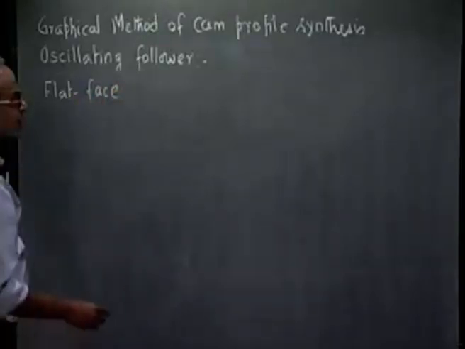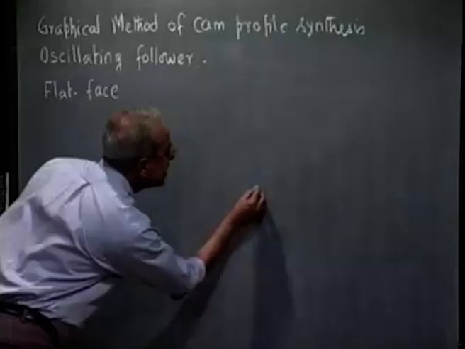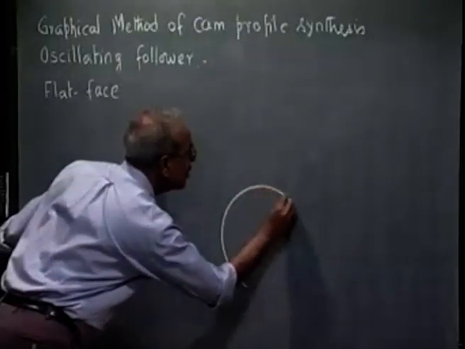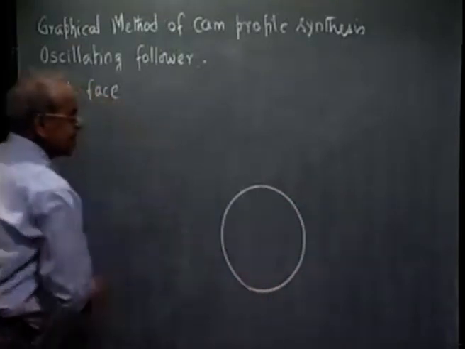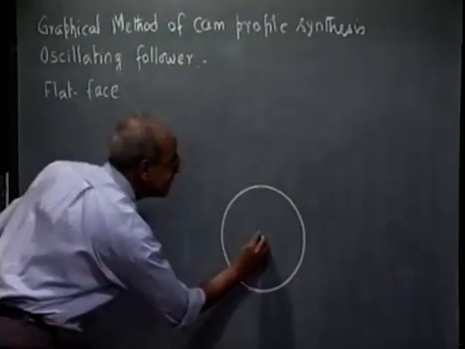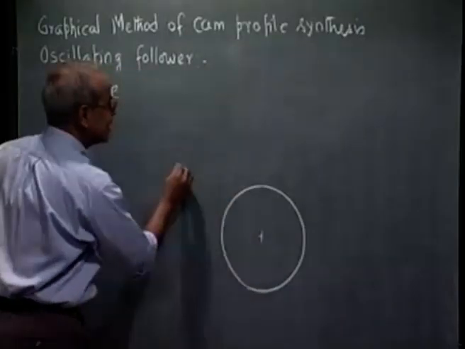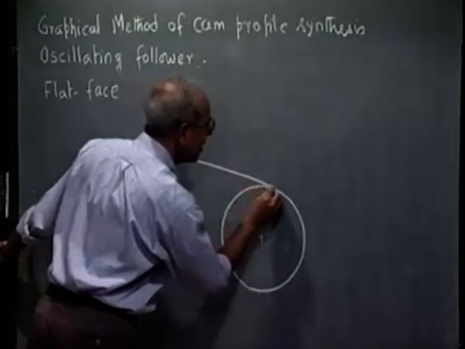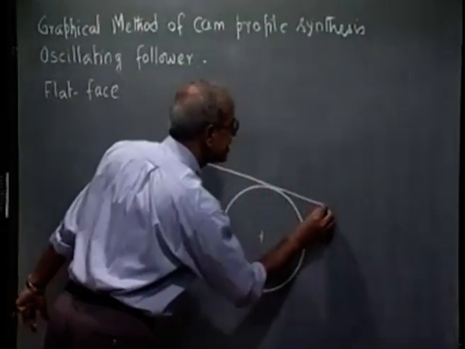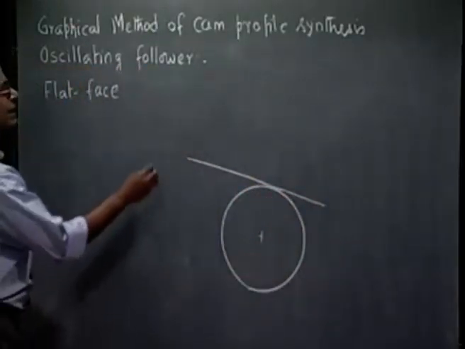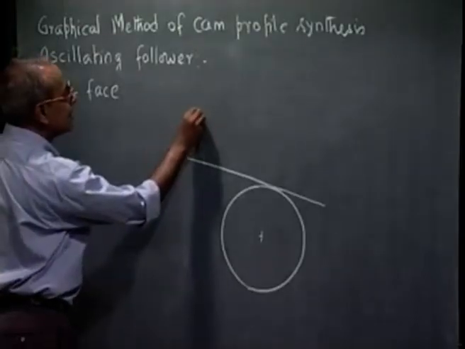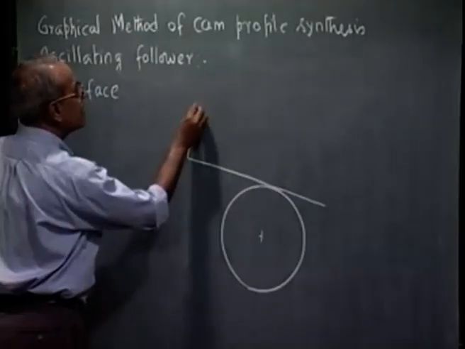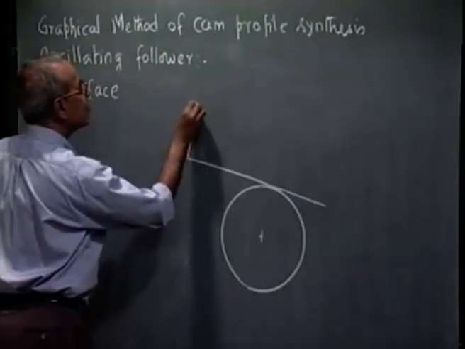So if it is a flat face follower, let us say this is the base circle radius, and the flat face is tangential to this base circle radius at the lowest point, and this is where the follower is hinged.